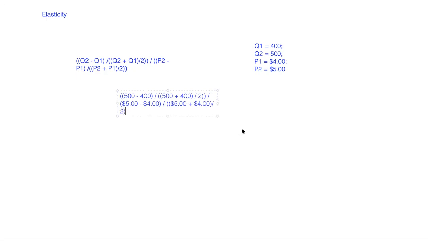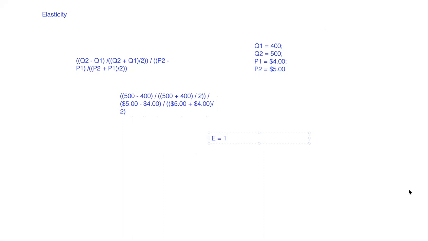Okay, so now let's calculate that and see what the elasticity is for these particular quantities and prices. After we've done the calculation, we find that the elasticity in this case is 1. That effectively means that this is unit elastic.